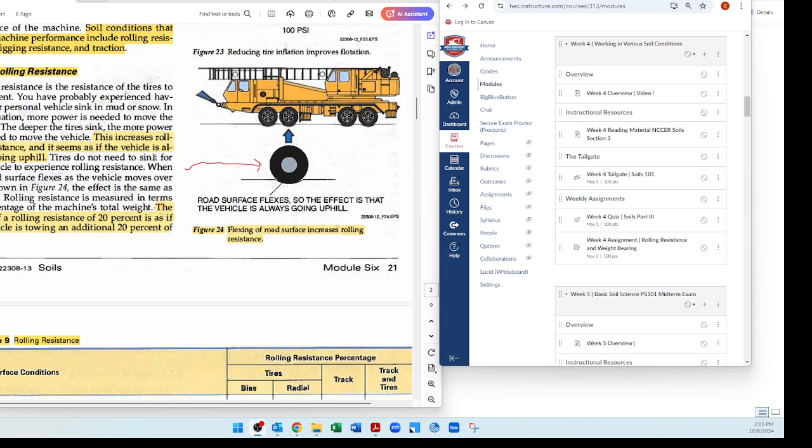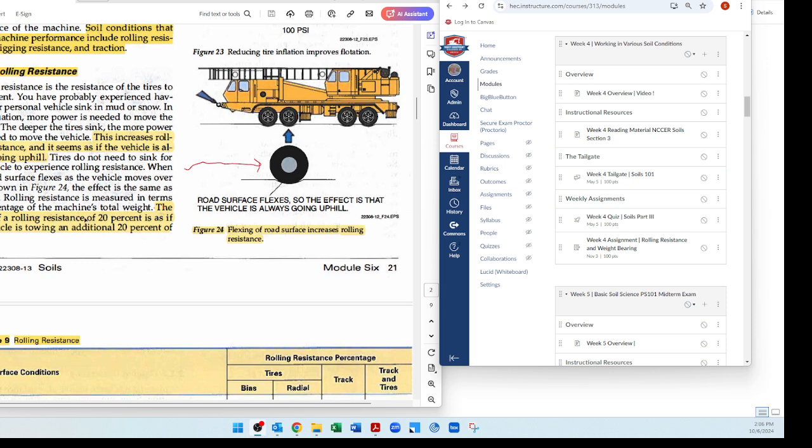Tires do not need to sink for the vehicle to experience rolling resistance. When the road surface flexes as the vehicle moves over it, as shown in figure 24 right here, the effect is the same as sinking. Rolling resistance is measured in terms of percentage of the machine's total weight, in other words, the weight of the machine plus the weight of the payload.